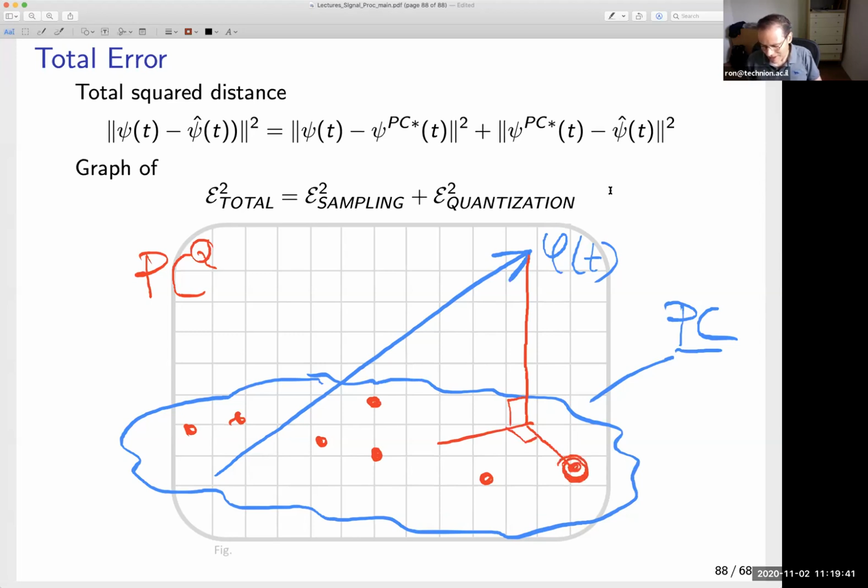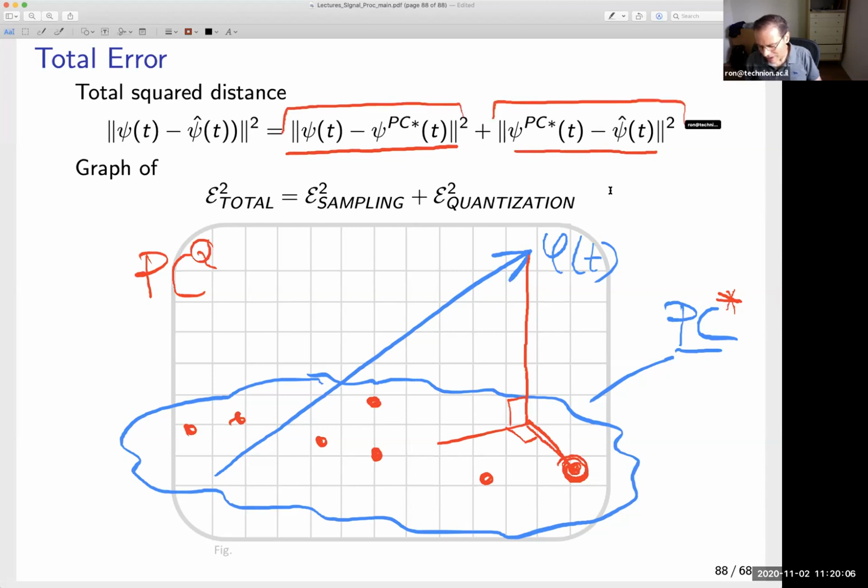I mean, in many senses, projecting into the space of piecewise constants is one way, and then what I have to do is also add the quantization, which is projecting the piecewise constant onto the quantization levels. So the two errors are actually forming, if you think about it, a Euclidean space.